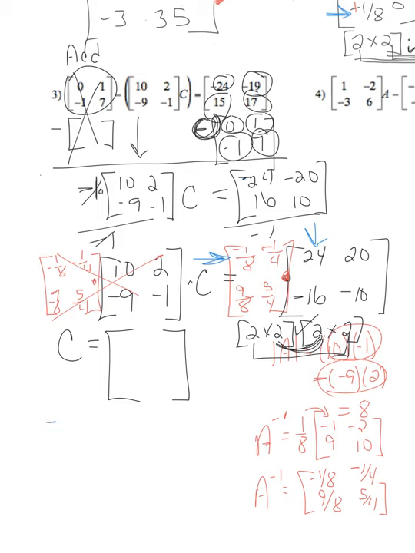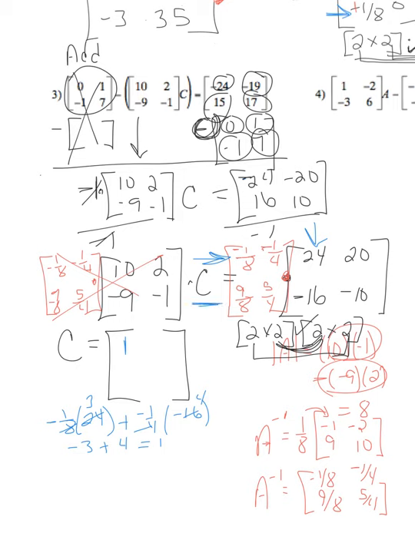So that's going to be -1/8 times 24 plus -1/4 times -16. 8 goes into 24 3 times, so that's -1 times 3, plus 4 goes into 16 4 times. 2 negatives makes it positive, so it looks like that spot is a 1.